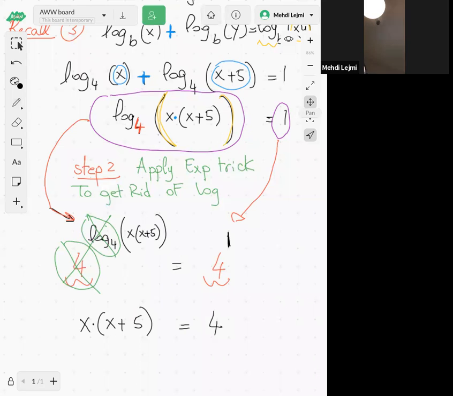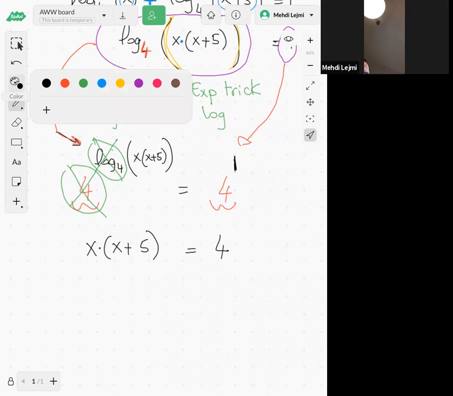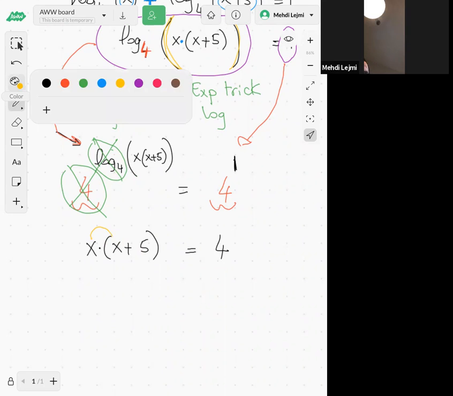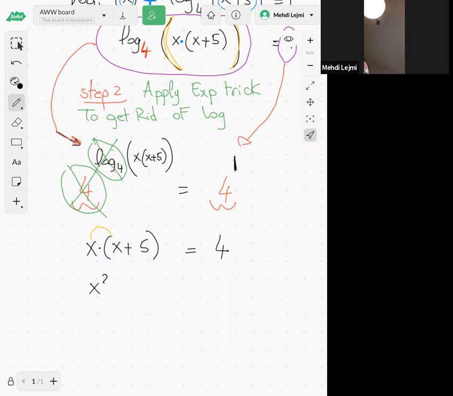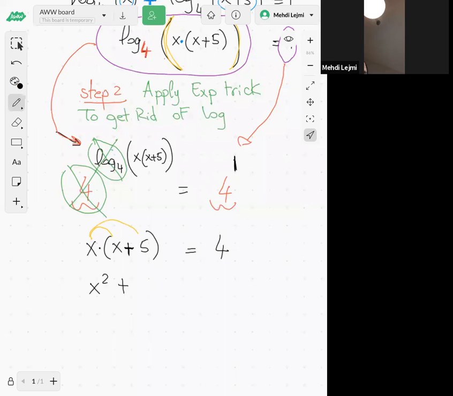Because on the left side, it looks like a quadratic equation, right? If you distribute, you multiply x by x, that will be x squared. And there's a plus here, so here's my plus. And if you multiply x by 5, that will be plus 5x equal to 4.